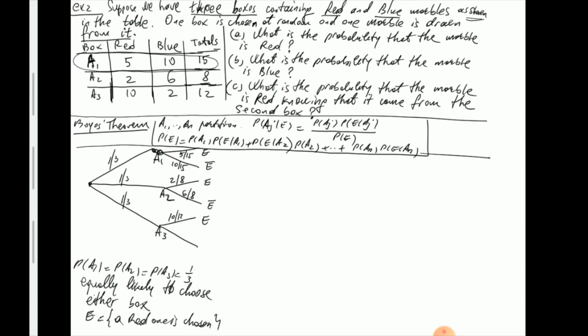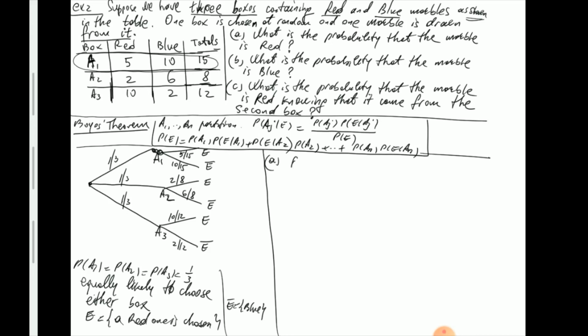So 10 over 12 is the probability of being red. And then the complement, 2 over 12, is the probability of being blue. So again, given the way the problem is formulated here, the complement of E means that you extracted a blue marble.